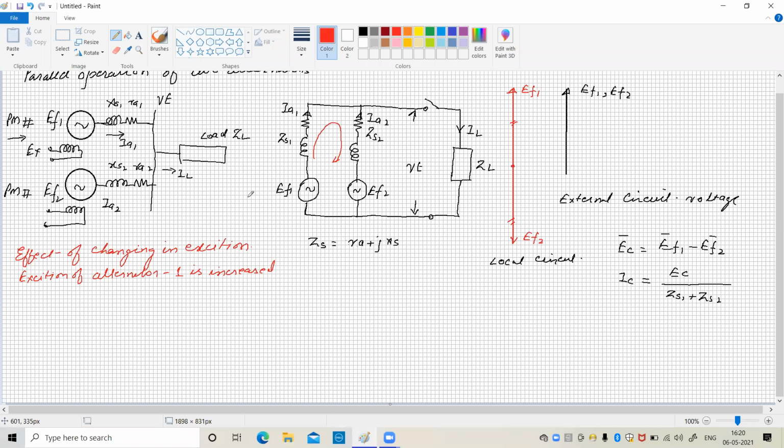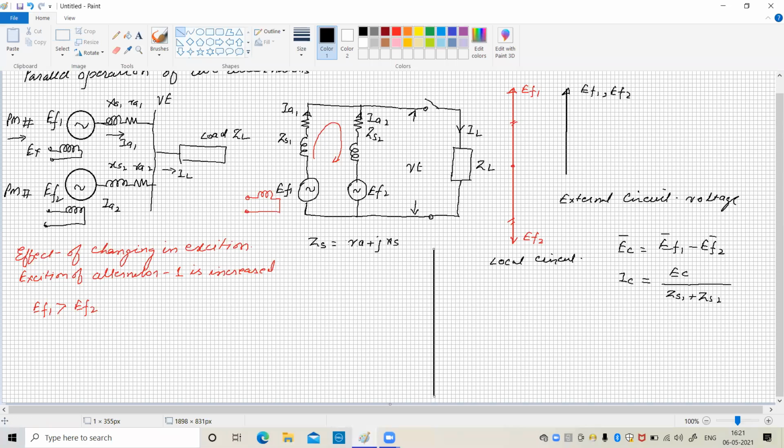So what happened? Definitely the magnitude of EF1 will be greater; the excitation voltage EF1 is greater in magnitude than EF2. Under such a condition, what would be the phasor diagram? The phasor diagram is like that.